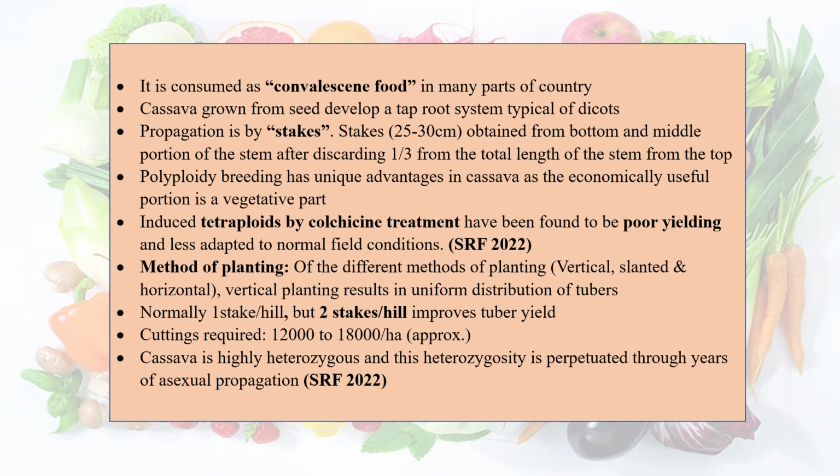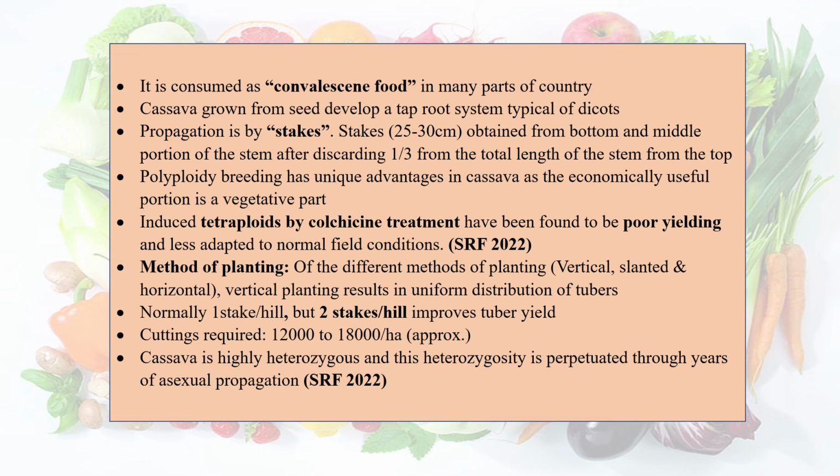Next, cassava is highly heterozygous and this heterozygosity is perpetuated through years of asexual propagation. This is also important, this year 2022 SRF board. As I said before, in the assertion and reasoning bit, this is one reason: cassava is highly heterozygous and this heterozygosity is perpetuated through years of asexual propagation.